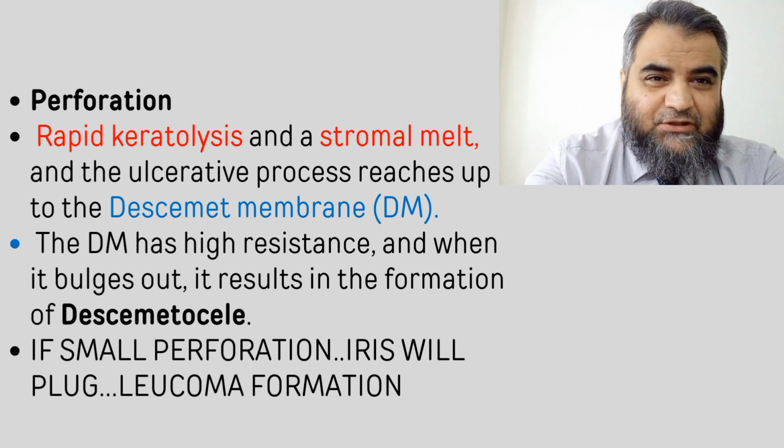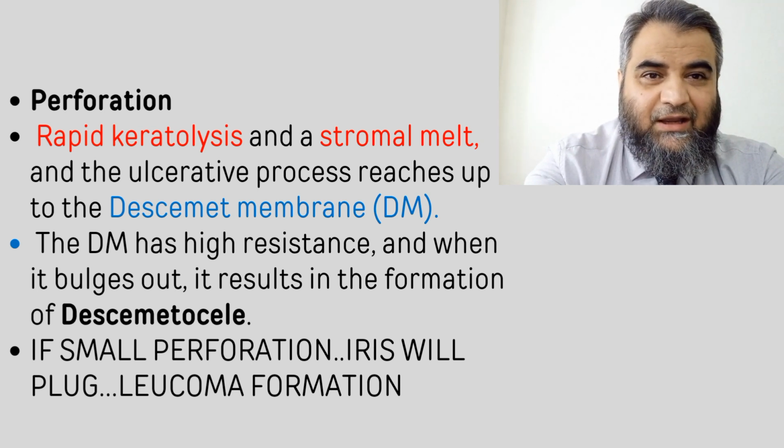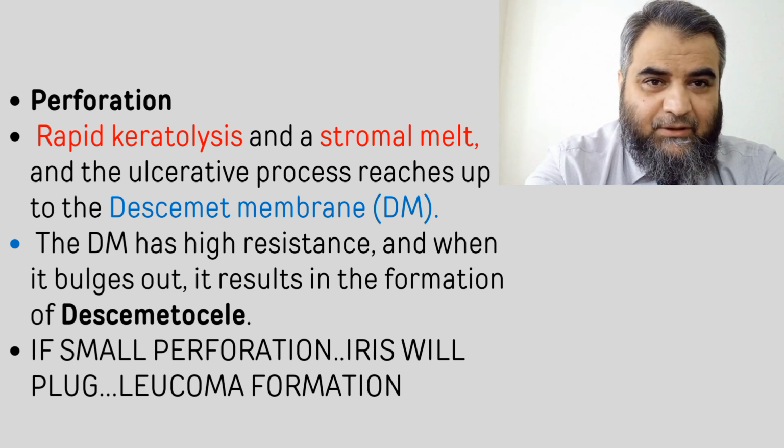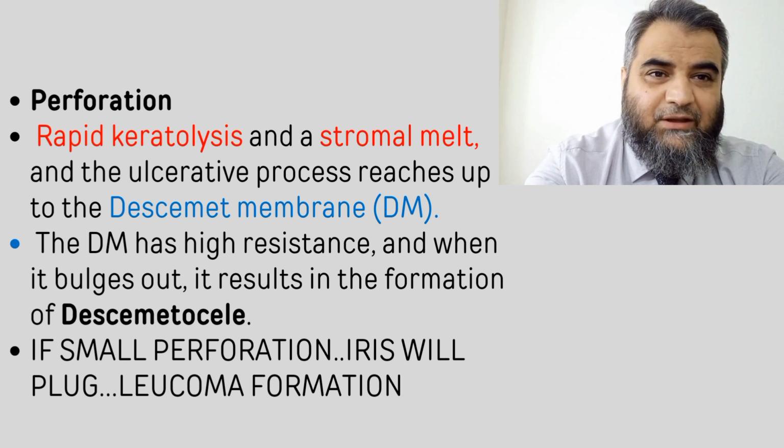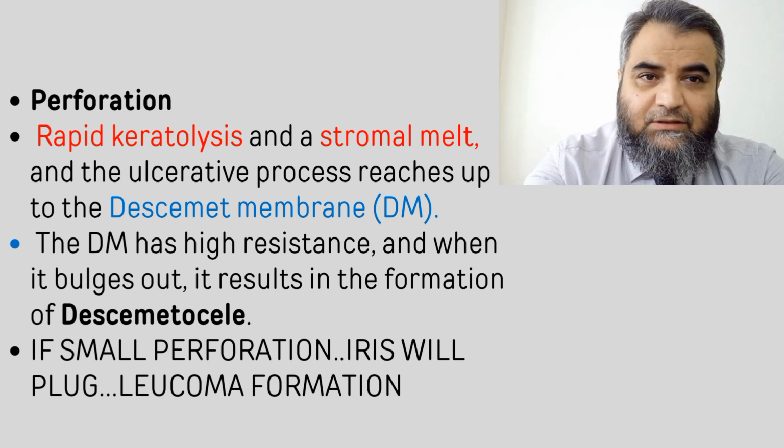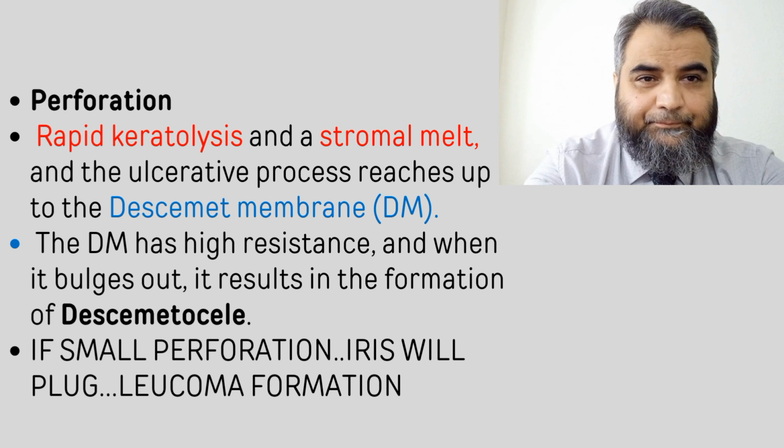The ulcer process keeps on increasing, and it can even go up to involve Descemet's membrane. It's a very strong membrane, and sometimes it bulges forward to make a descemetocele. But if it is sloughing off everything, you can encounter a corneal perforation.